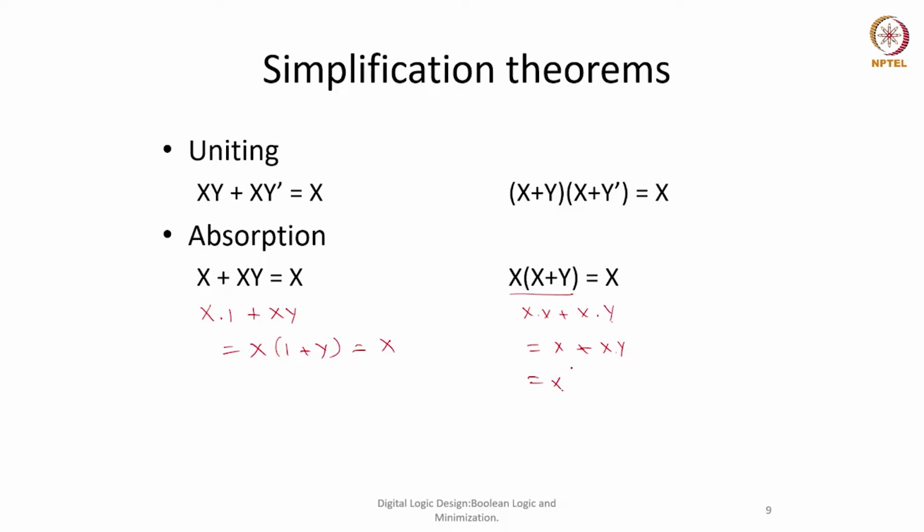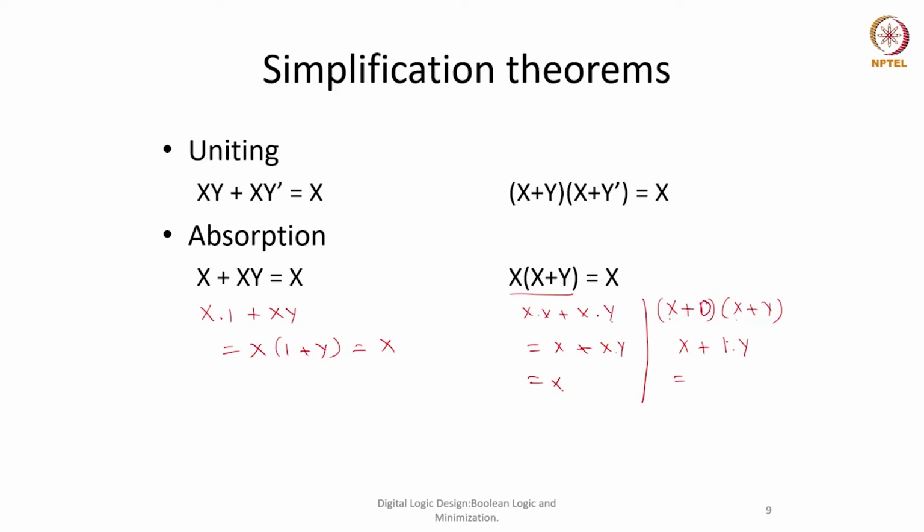In the other way, we can also say x plus x y as x times 1 plus... x plus y, and because it is distributive, this x is here, this x is here, so we can also say x plus 1 dot y. 1 dot y is equal to, this has to be x plus 0.